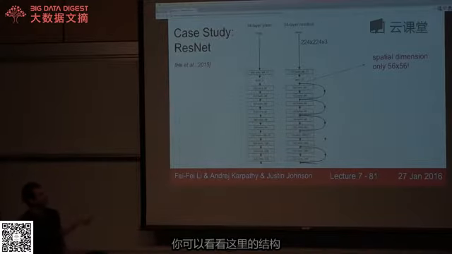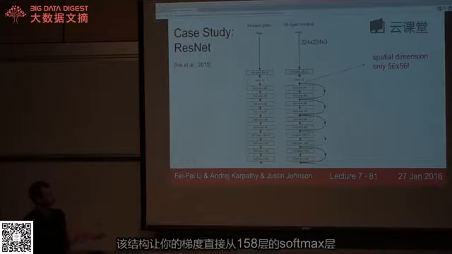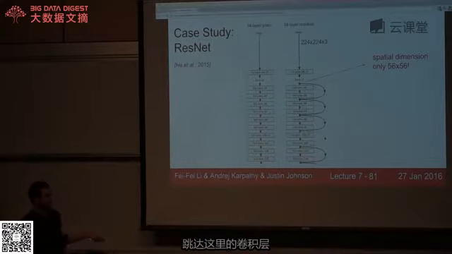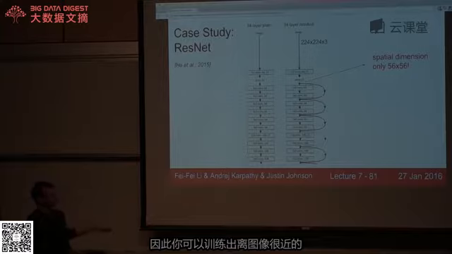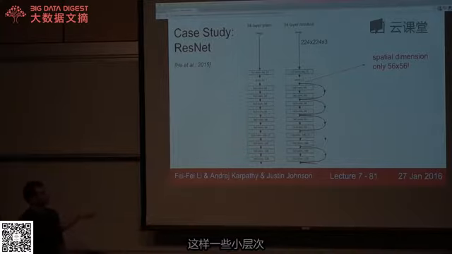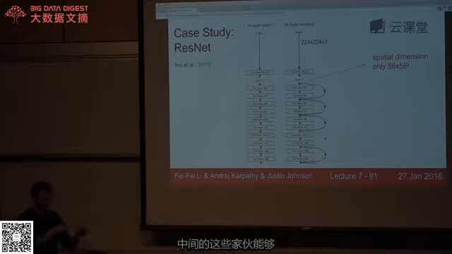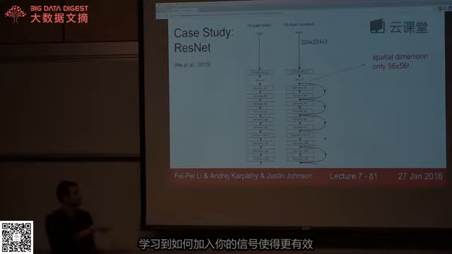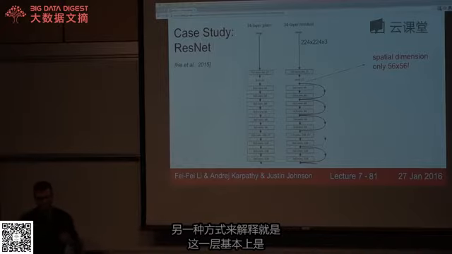If you think about this architecture, these skip connections allow your gradient from all the way here on the 150th layer of the softmax to just skip through and right away feed into this conv layer here, intuitively. And so right away you can train very close to the image, and you can train this little layer here that's doing maybe some simple statistics. And then these guys in the middle will just learn how to add to your signal in between and make it work out at the end.